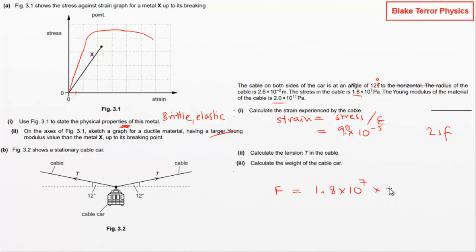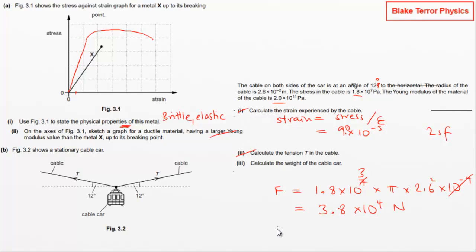So that is going to be pi r squared, pi times 2.6 squared times 10 to the minus 4. So 2.6 squared multiplied by 1.8 multiplied by pi is 38.2. So that is, let's say, 3.8 times 10 to the 4 newtons. So yeah, that's just knowing what stress is. It's easy to get mixed up with some of the numbers here, but that's come out okay.